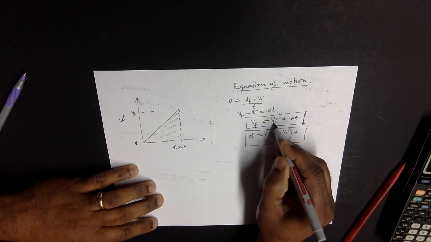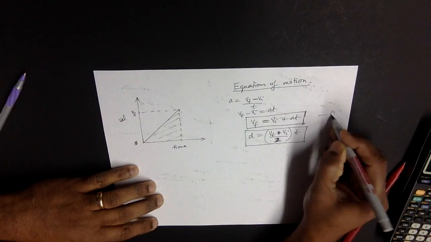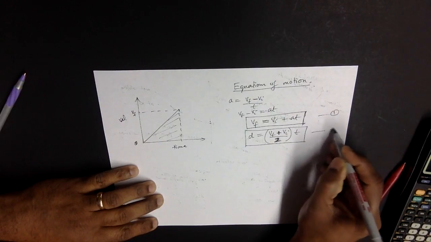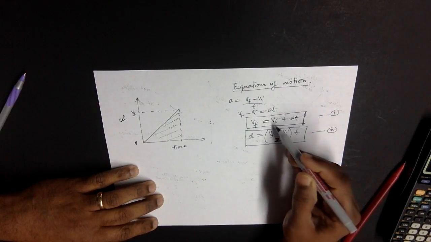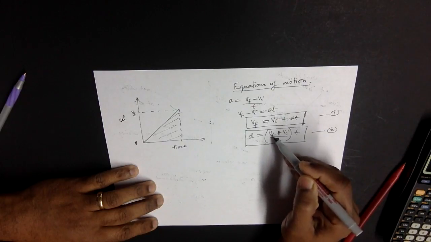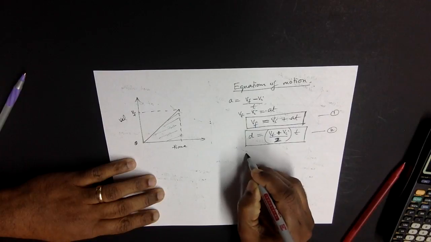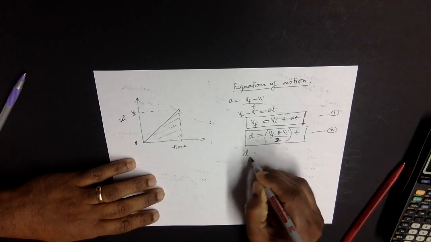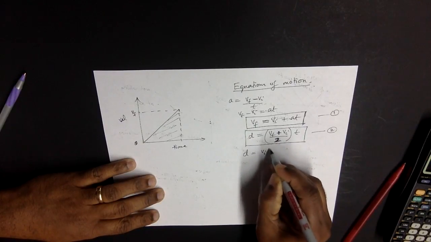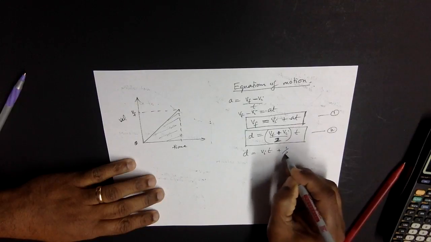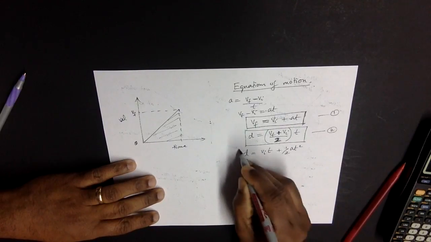So Vf is equal to Vi plus At is one equation. And that is another equation. And substituting this into this and so on, we can get other equations. The other equations are d equals Vit plus half At squared.